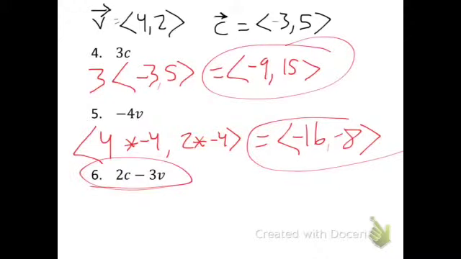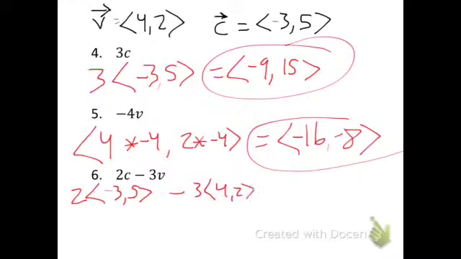On 6, you need to do 2 times c and 3 times v, and then subtract them. So let's do 2 times the c, negative 3, 5. And then we need to subtract off 3 times 4, 2. You can think of it as just like distributing here. So it's a lot like distribution. 2 times negative 3 is negative 6. 2 times 5 is 10. 3 times 4 is 12.